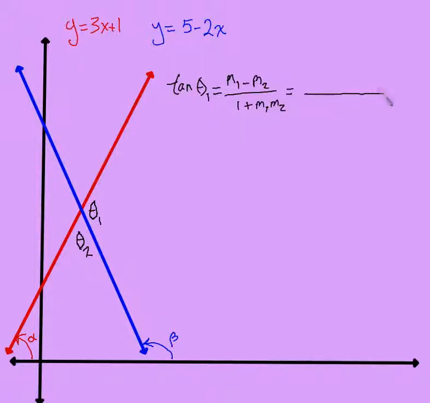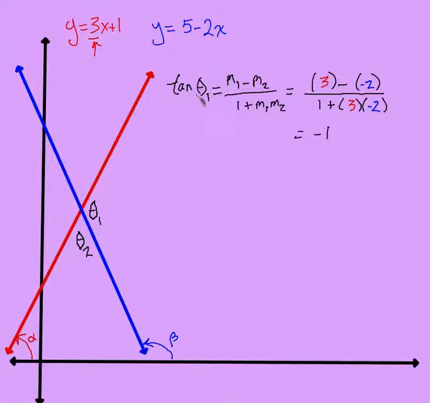And then we start plugging stuff in. So we're going to figure out what m1 is, we're going to figure out what m2 is, and we're going to plug that in here. So first off, m1, that's going to be 3. So 3 here, 3 here. m2, that's going to be negative 2. Negative 2 here, negative 2 here, and then we simplify. And this simplifies to be negative 1.